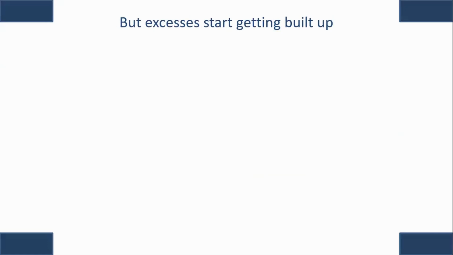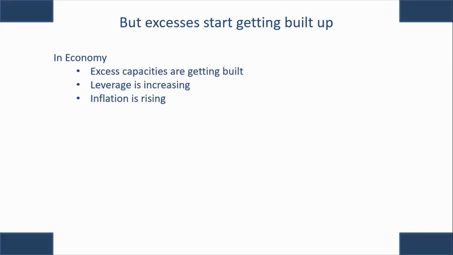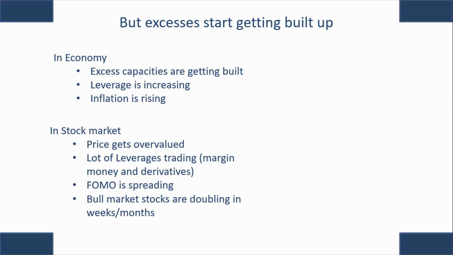But at the same time, after some time in a bull market, excesses start getting built up in the economy as well as in the stock market. So in the economy, excess capacities are getting built to meet the increased demand. And leverage is also increasing.